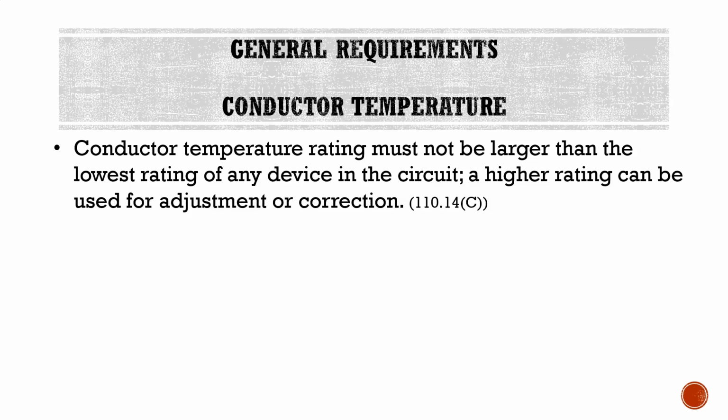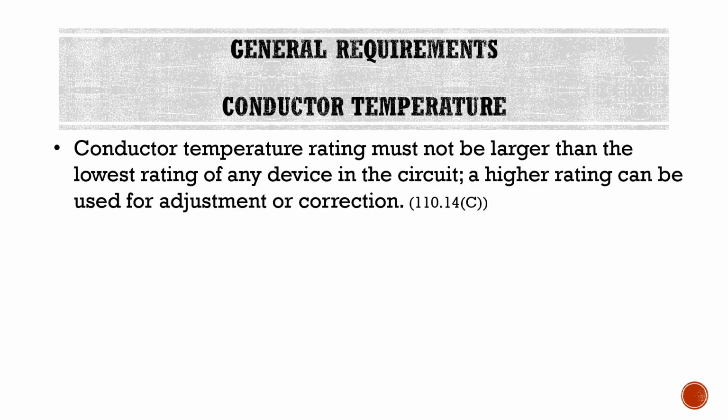So what this section 110.14(C) is talking about is that all electrical equipment has to be listed or rated with what temperature it's allowed to be used with. The most common temperature ratings we see are going to be 60 degrees Celsius, 75 degrees Celsius, and 90 degrees Celsius.